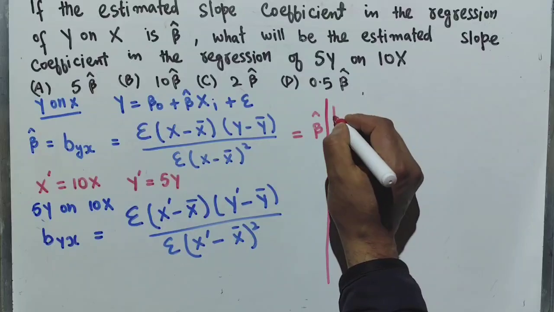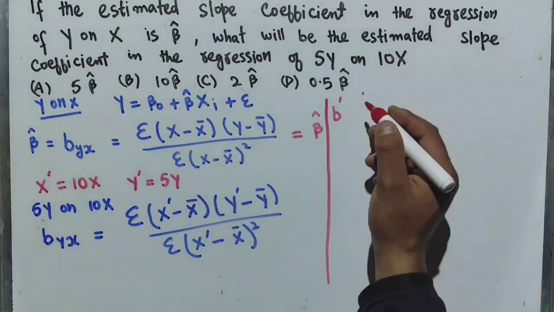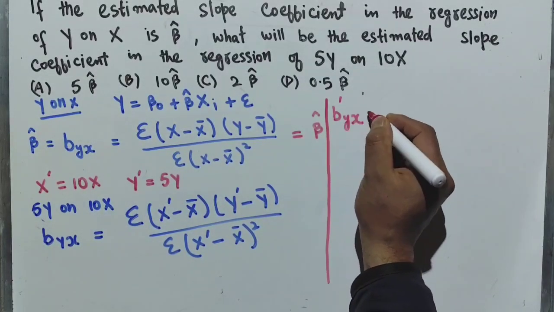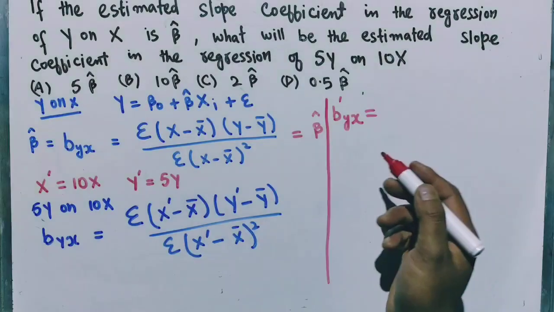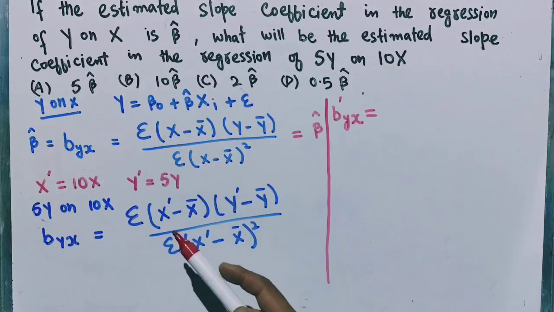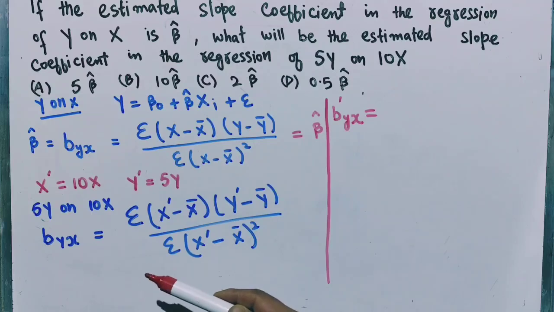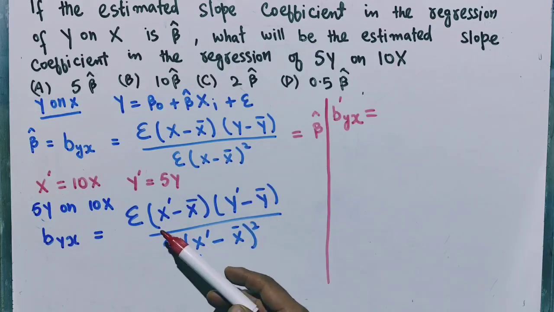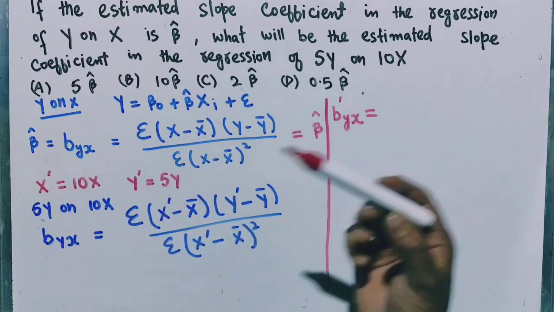That gives us, let's denote it by beta prime, the new slope yx. So beta prime yx will be equal to, in place of x prime we have 10x this time.